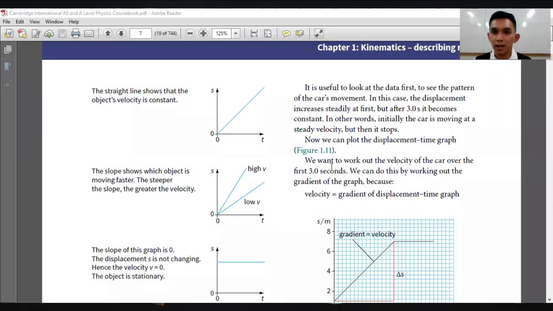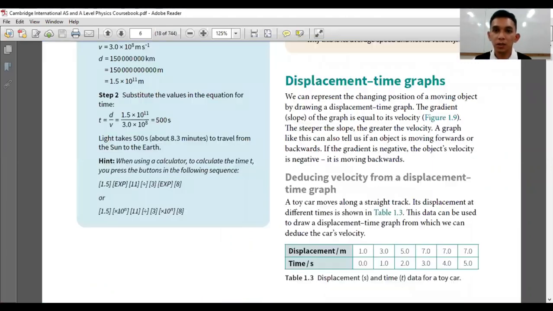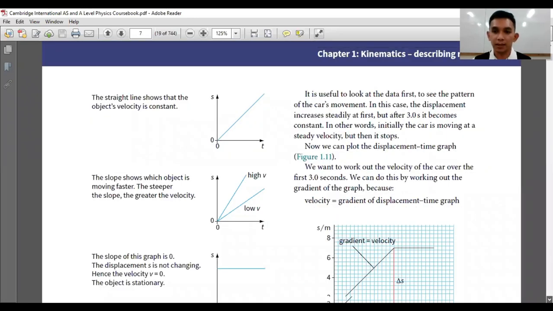Okay guys, now let's check your textbook page 7. We are going to discuss the graph in kinematics.